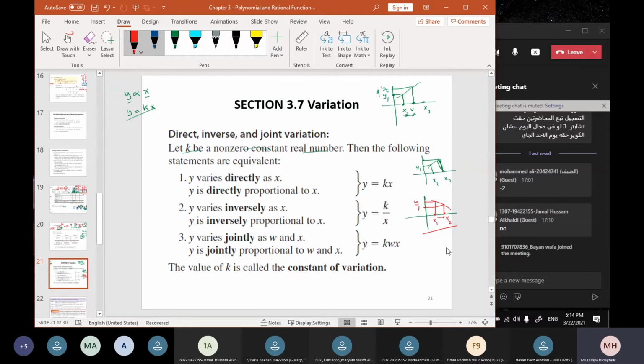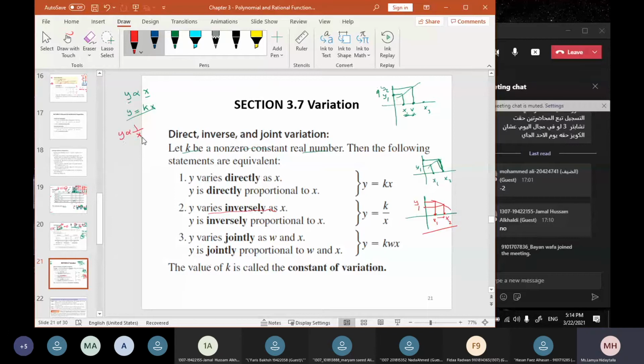When it says y varies inversely as x, if k is positive, that is y is inversely proportional, that is y is proportional to 1 over x.